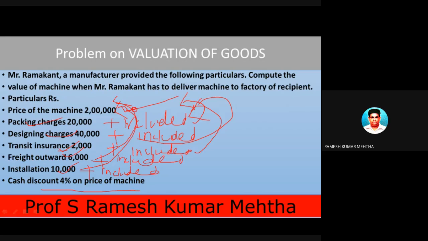And discount is allowed as a deduction, because whenever you want to promote and sell your product, you have to give discounts. Discount is an expenditure, and you are not going to recover it from this price.